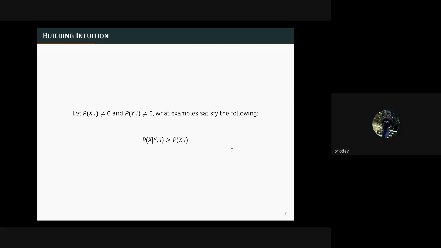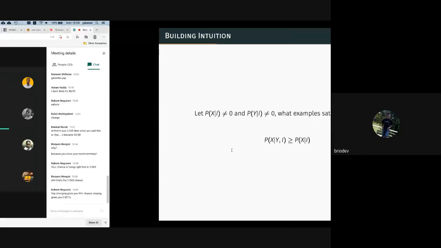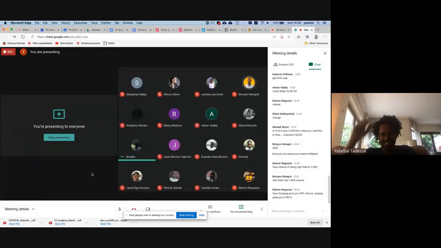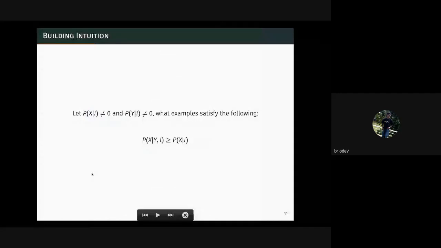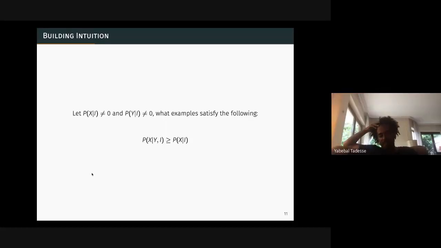Yes, I think I've got the hint. Maybe for this scenario, I think the probability of one event happening depends on another event, if I'm getting it right. Yeah, but I think the summer example that Biniam gave is a very good hint.